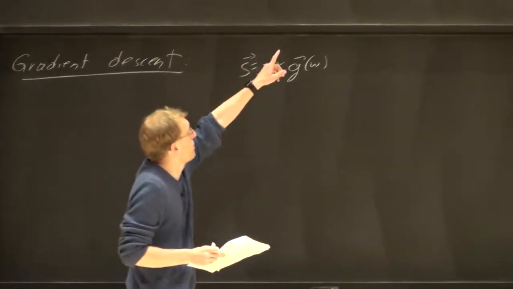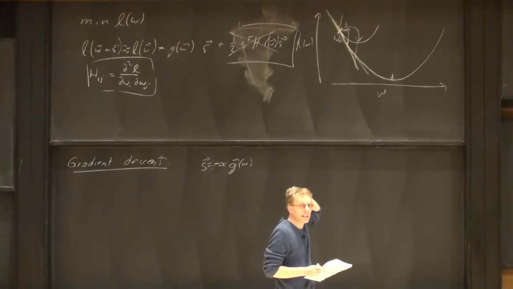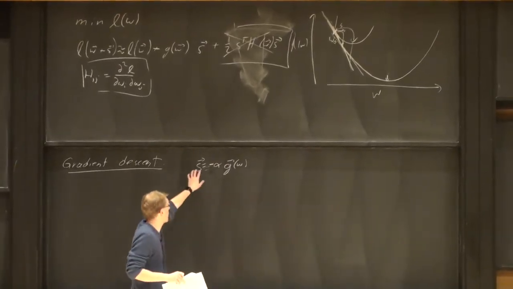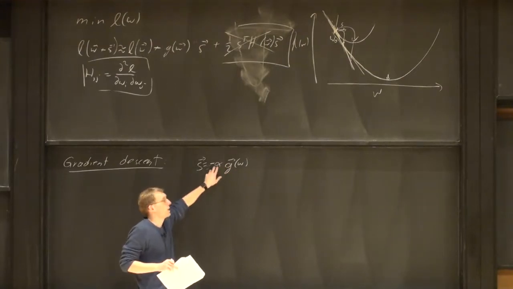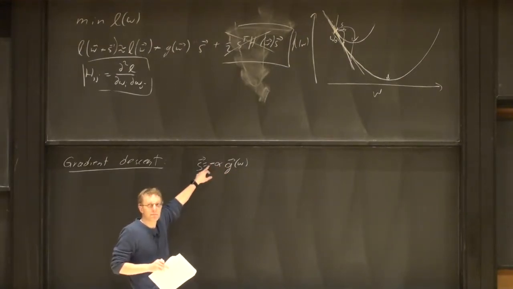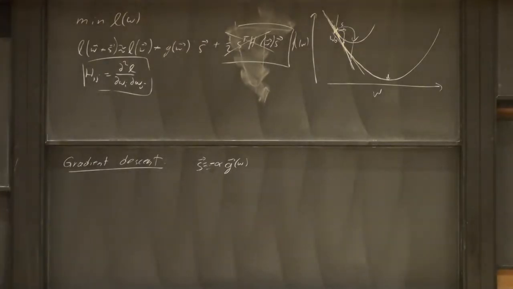So here we had this little picture where we have our W0, and then we take a step S. And here I'm telling you in gradient descent, we just say S is the gradient at W times some small learning rate, and then we negate the whole thing. And so why is that the right thing to do?